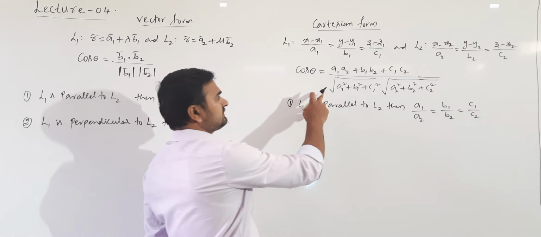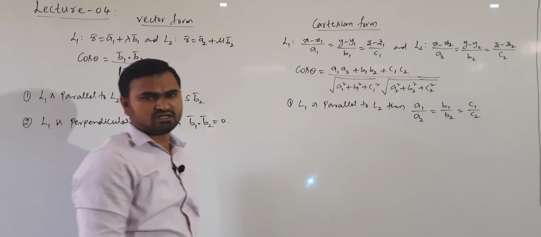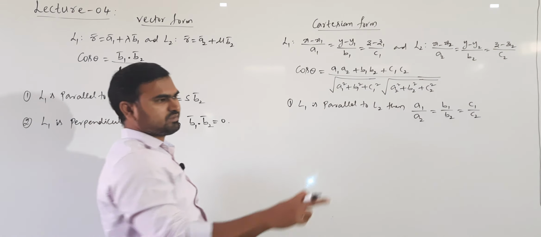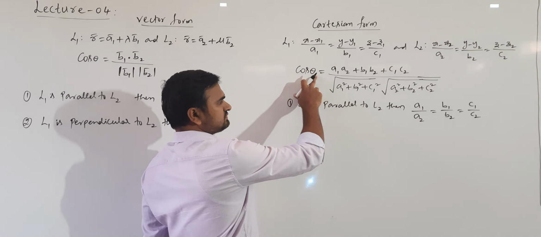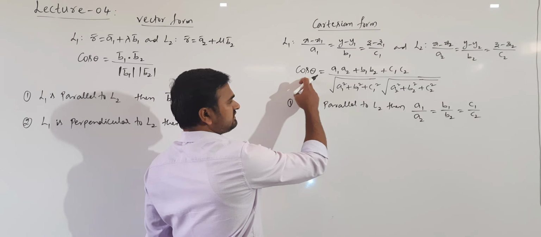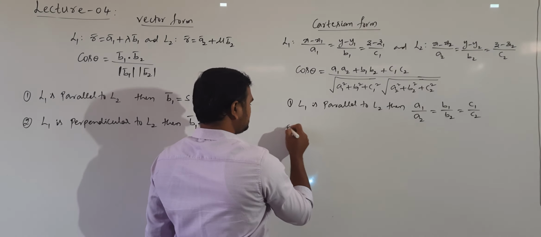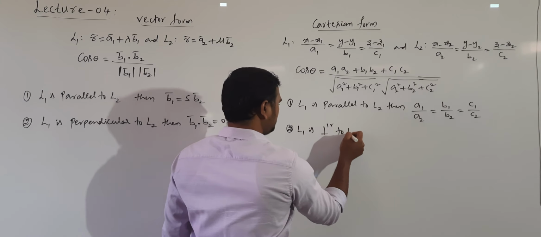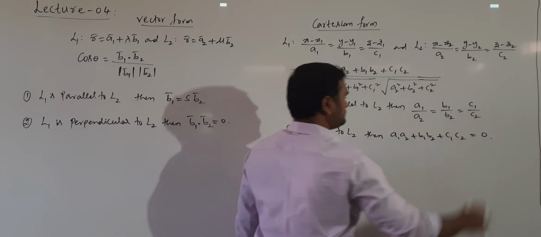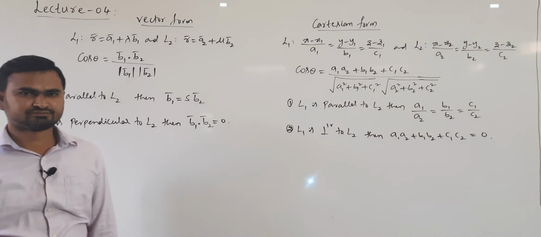Next here, in Cartesian form lines are perpendicular. So lines are perpendicular means theta is 90. So theta 90 means cos 90 should be 0. So this is 0 means cross multiplying we will get 0. So second case, L1 is perpendicular to L2, then this is 0 into this will be 0. So what we get? A1 A2 plus B1 B2 plus C1 C2 should be equal to 0.